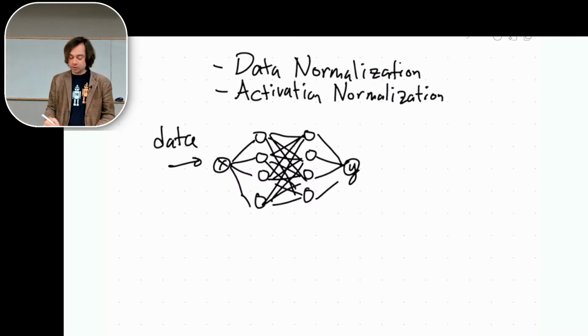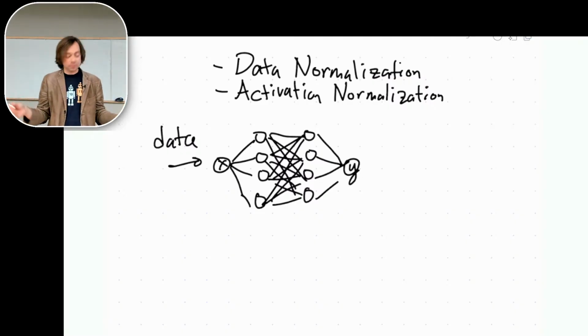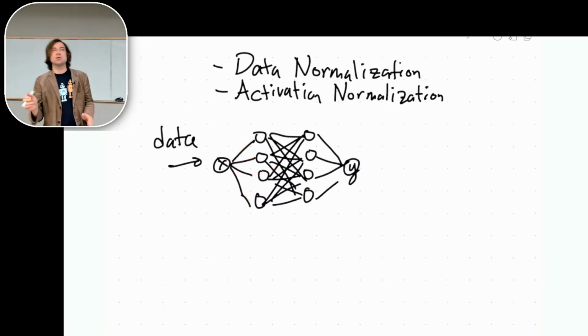Activation normalization normalizes what comes out of an activated neuron. Because maybe those numbers go to crazy ranges. That definitely happens. Even though your data might be well scaled, when you multiply it by a weight and it goes through an activation function, and then another activation function, maybe all these different activations are in crazy different ranges.